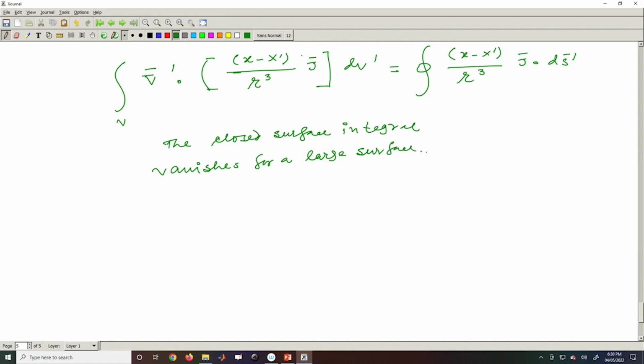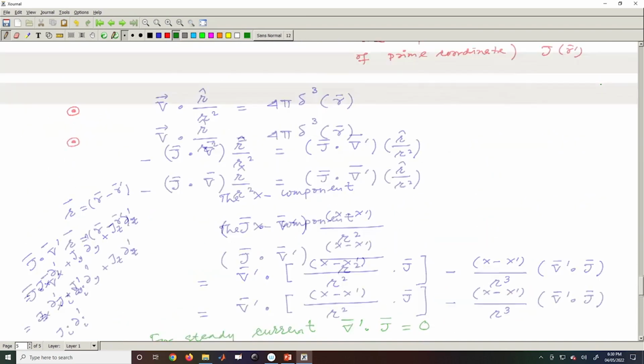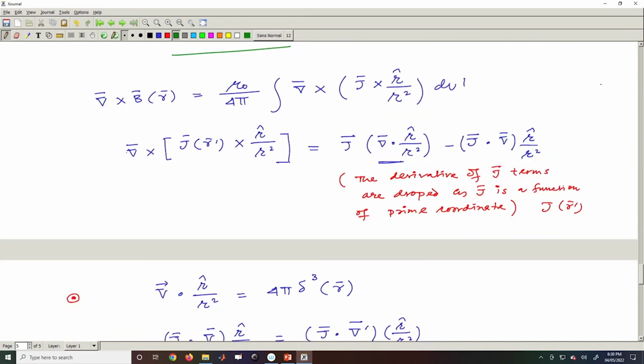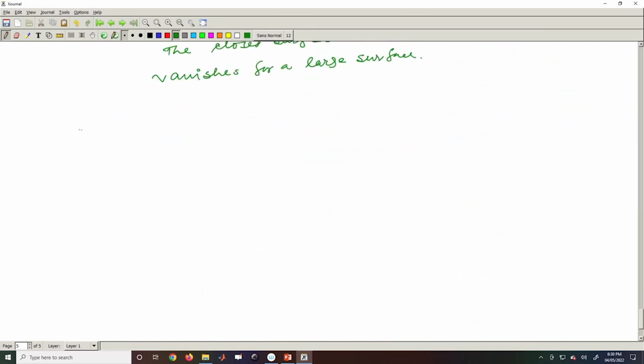If I take a sufficiently large surface, then the dependency is 1 by r, because here ds will be r square. So these things eventually vanish. If this is not there, then I can have only one term remaining.